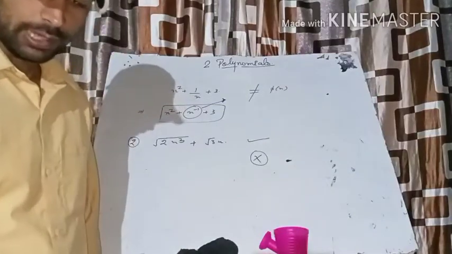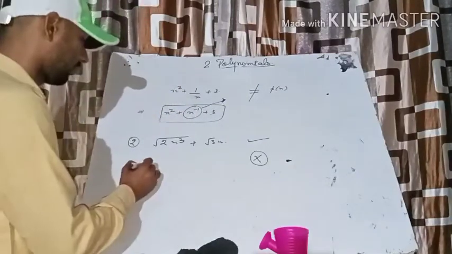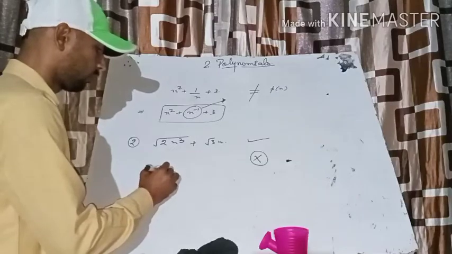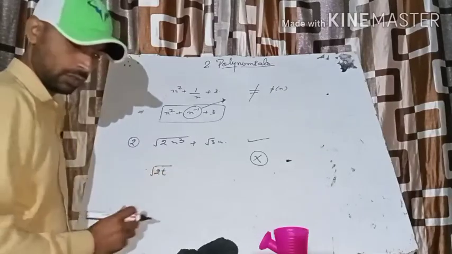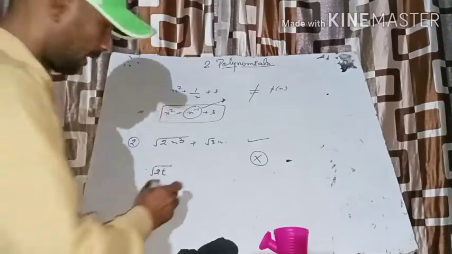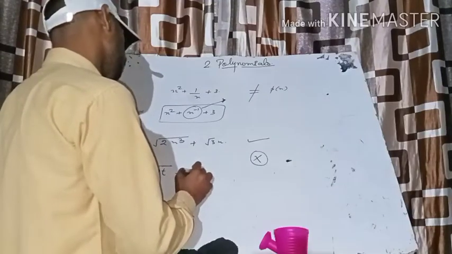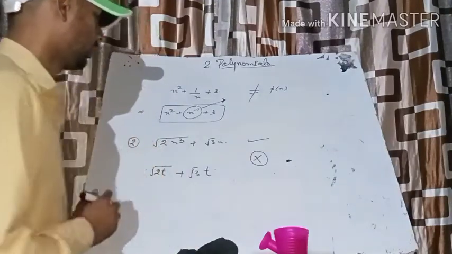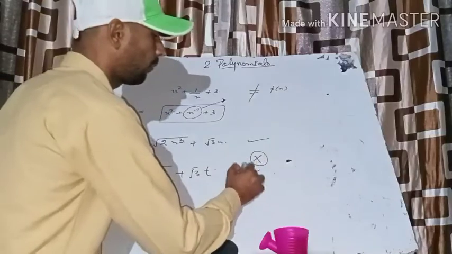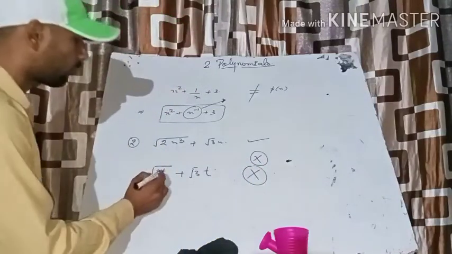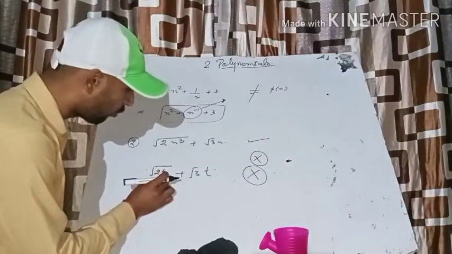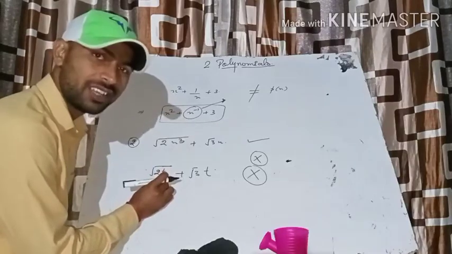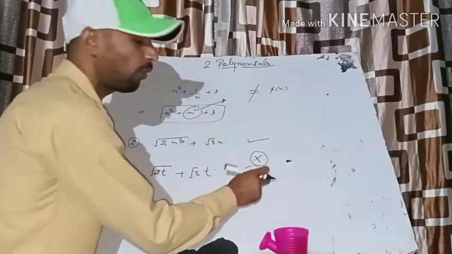Clear? Let's take one more example, such as root 2t plus root 3t. It will not be your polynomial. Why? Because the root is also over this t. That's why it will not be your polynomial.